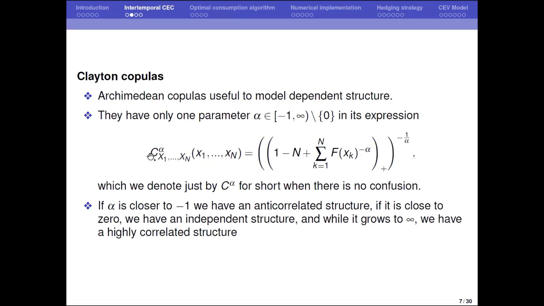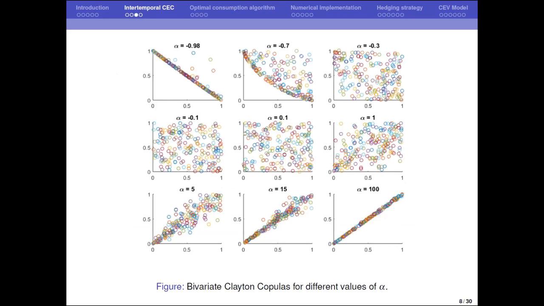And well, this copula depends only on alpha, and let me show you in a picture how it looks like with two random variables. So if I let alpha be closer to -1, we have an anti-correlated structure between random variables. Here, the y-axis and x-axis each represent one random variable.